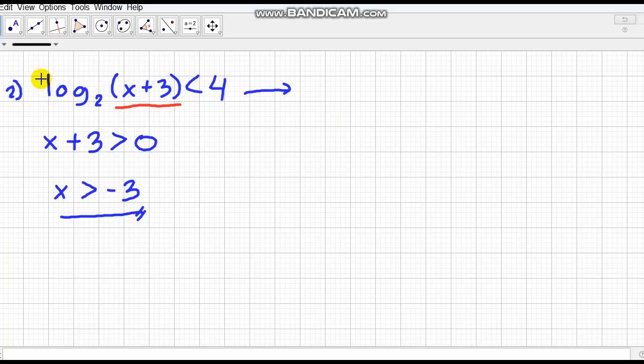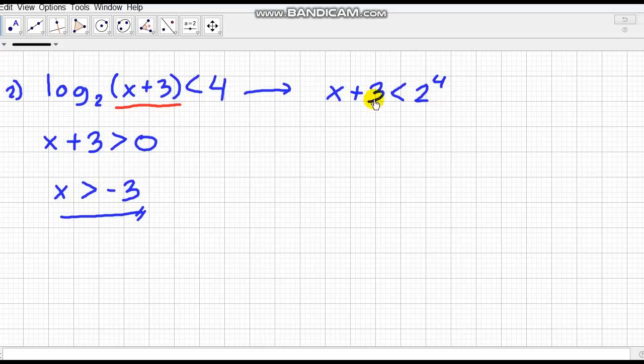Now, in solving for the logarithm of x plus 3 to the base 2 is less than 4, we will be applying the third property mentioned earlier, that is, log of x to the base b is greater than n if and only if x is greater than b raised to n. So what we're going to do here is we write the argument, x plus 3 is less than, on the right side we have the base and the exponent 4.